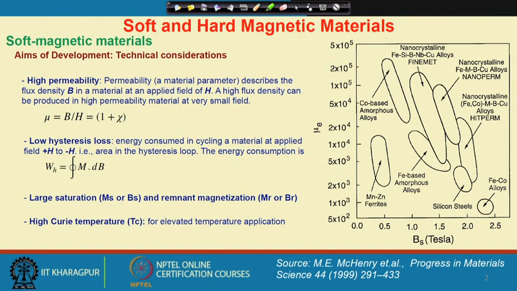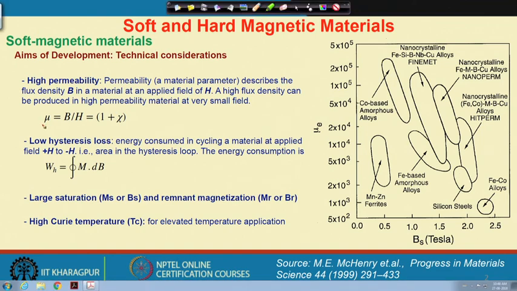The first consideration is that the material should have high permeability. Permeability is expressed by mu, that is B, the magnetization, divided by the applied field, which is equal to 1 plus chi, the susceptibility.